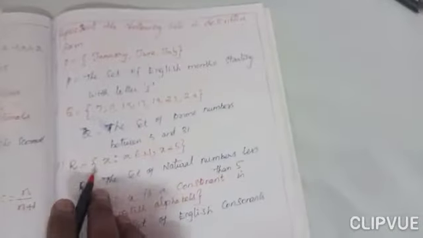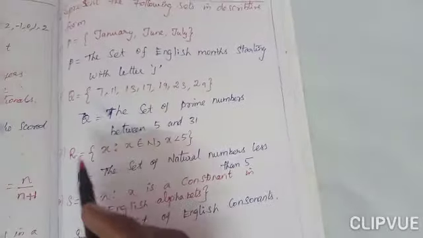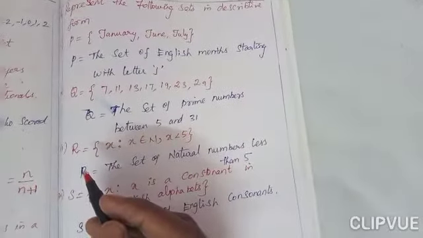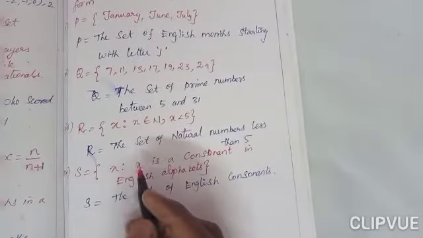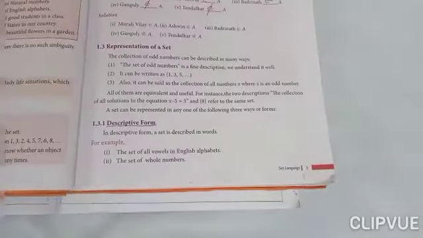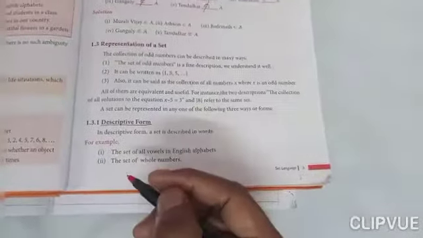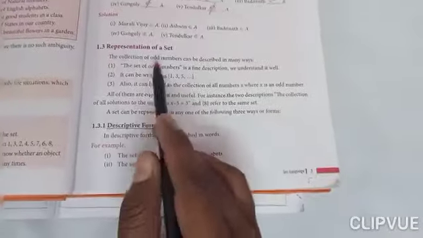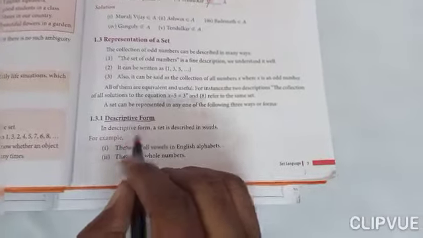Students, this sixth Roman number is very simple and easy. According to the sets, we are going to write them in words, that means in descriptive form. Students, today we learned the representation of sets. We learned 3 ways. The first method is descriptive form.